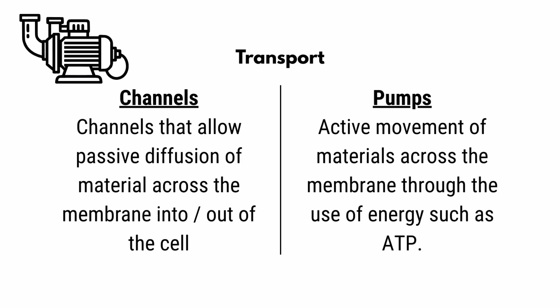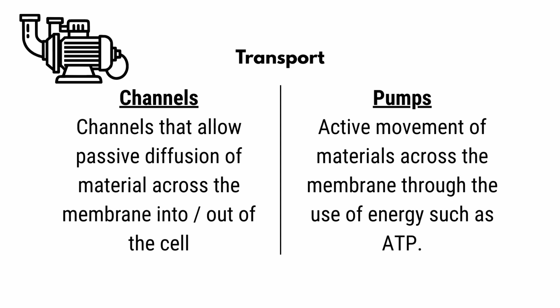Now let's get into transport proteins. Two different types again. There's channels and pumps. The channel proteins allow for passive diffusion of material across the membrane into and out of the cell. You could see this with the potassium channel that can passively allow potassium ions out of the axons of neurons during action potential repolarization.